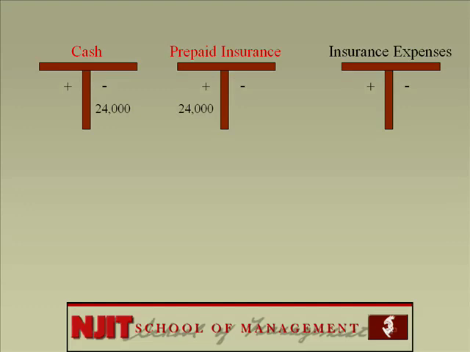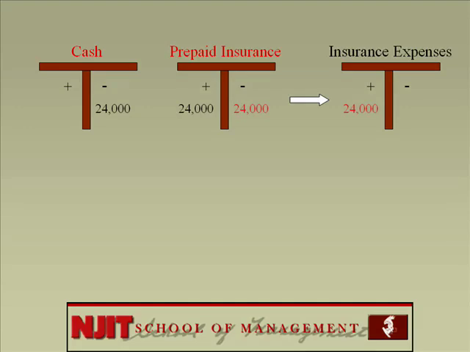So nothing is prepaid anymore, you got the service. So what happens? There you go. 24,000 goes out of prepaid insurance, which is an asset, and goes into an insurance expense account. So at the end of the year, this asset gets converted to an expense.